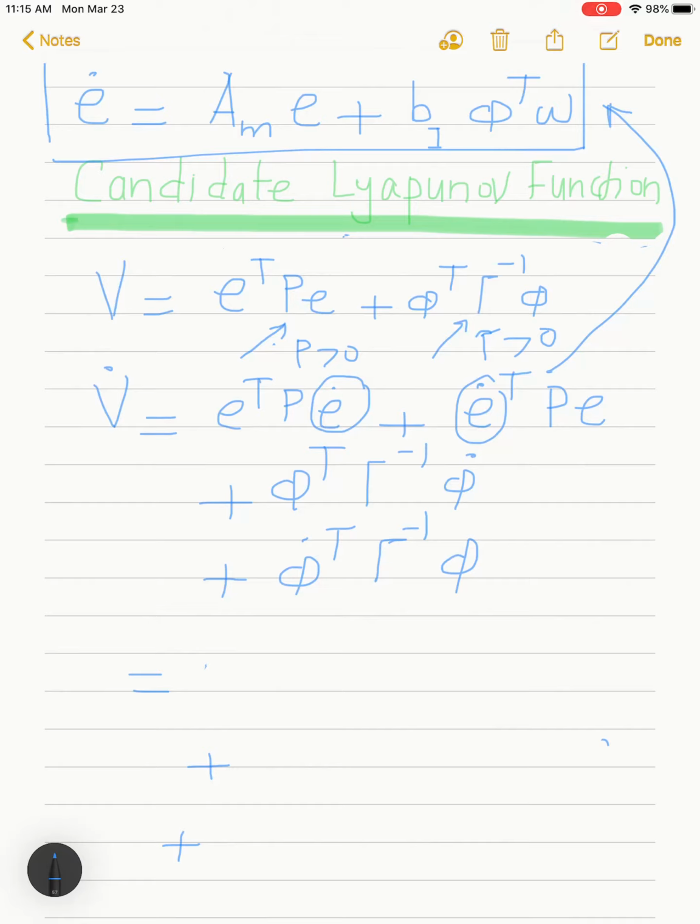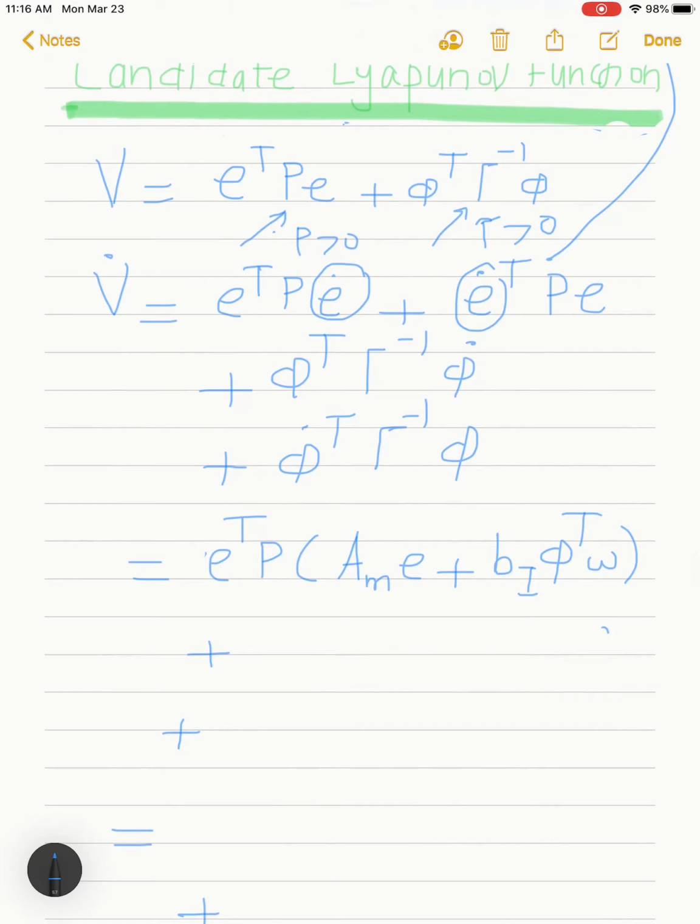So if I substitute for that, I would get E transpose P times (AM E plus BI phi transpose omega). This is for the first term. For the second term, I will get (AM E plus BI phi transpose omega) all transposed times P E.